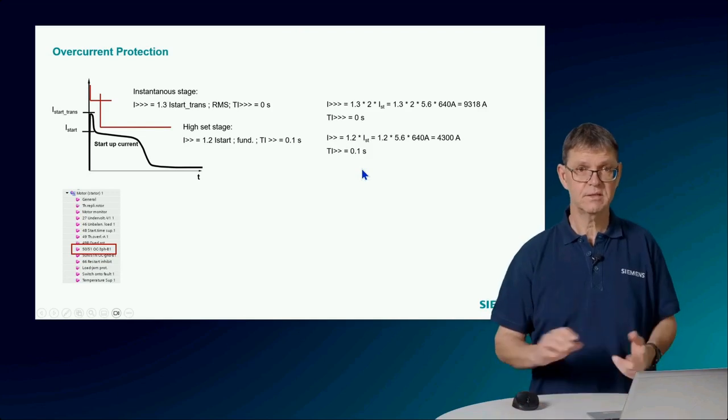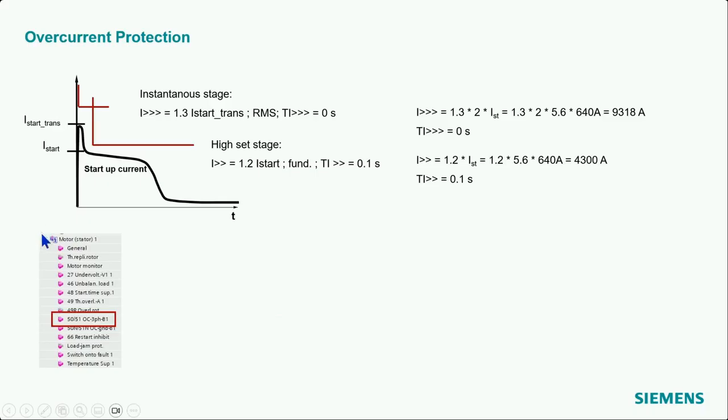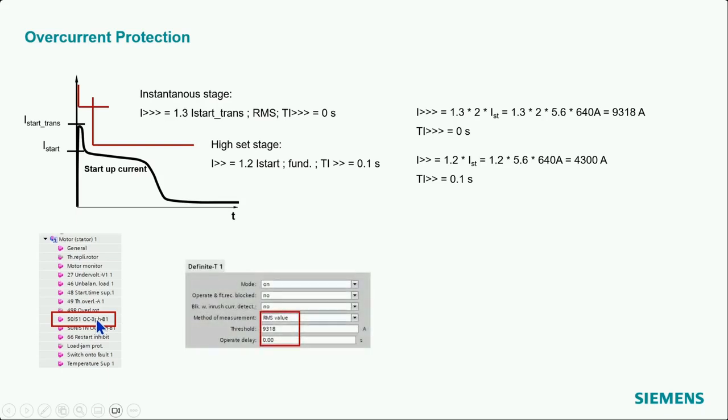How to make the settings? So we go into our function group motor, or motor stator. Then we find the function for the overcurrent protection. If we double click there, then we get the stages. They are all one below the other. So in the first stage, we can use the settings for the fast stage.